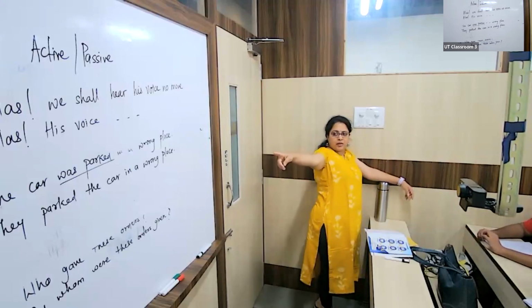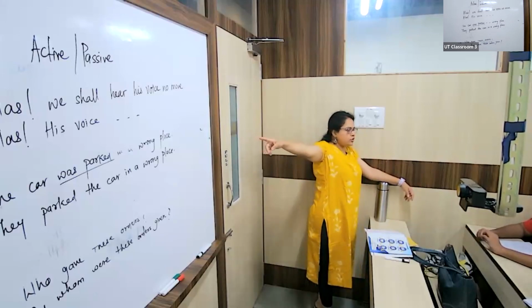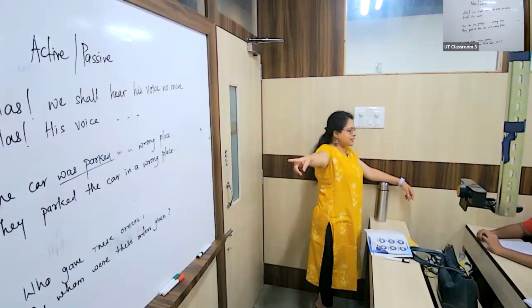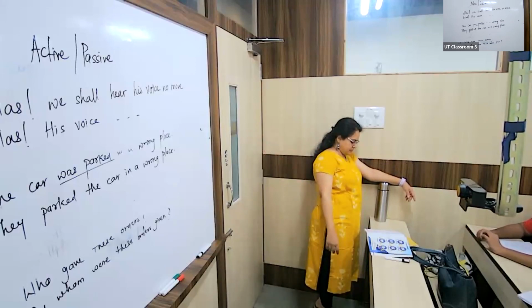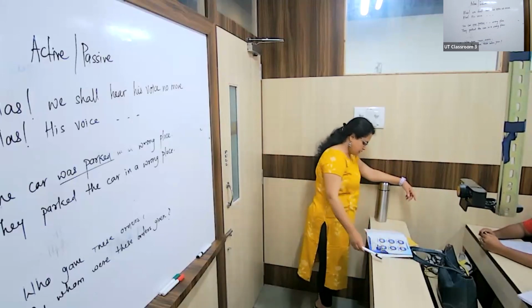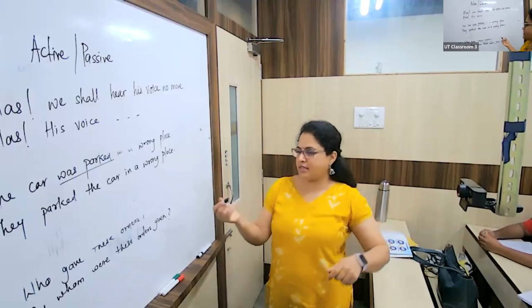See, I told you यहाँ पर जब we don't know, you start with they. So ये कैसे होगा? They knew him to be a kind man. Right? I'll write the sentence here.